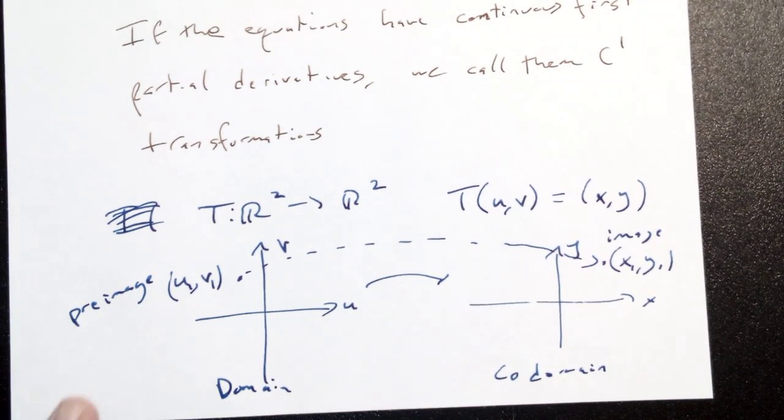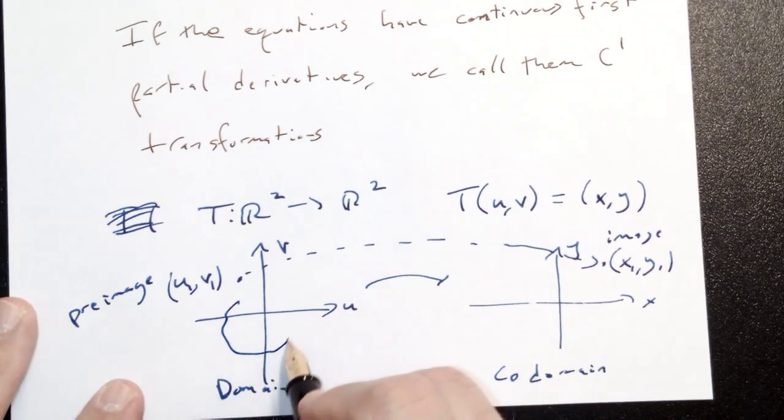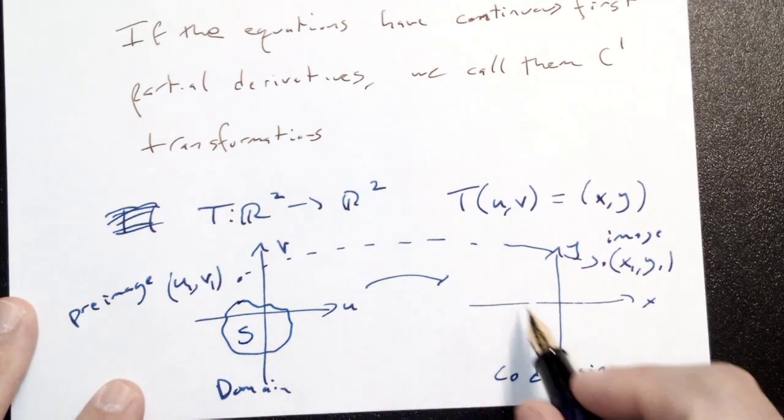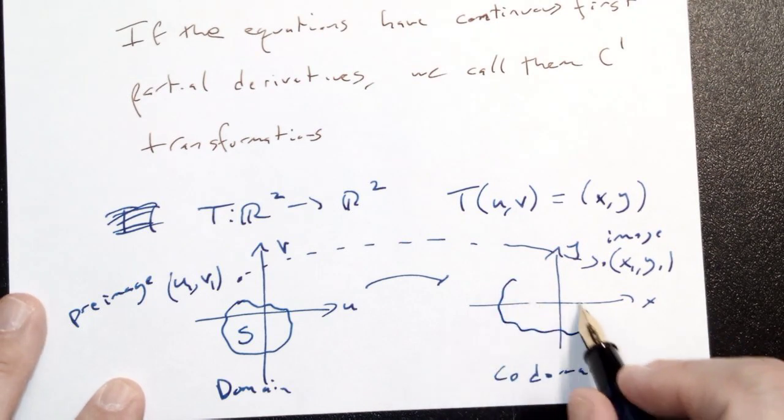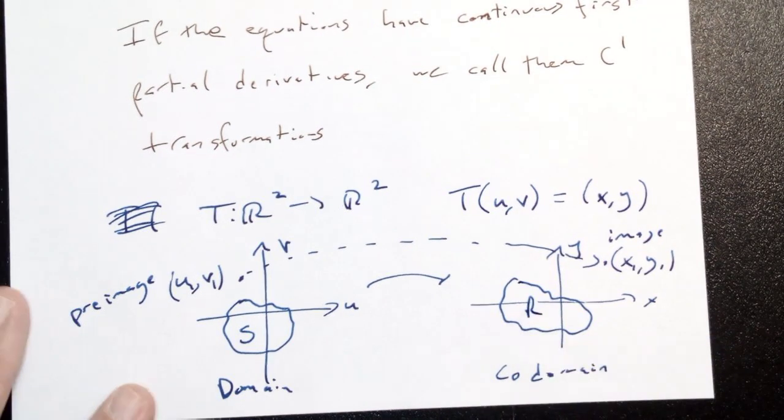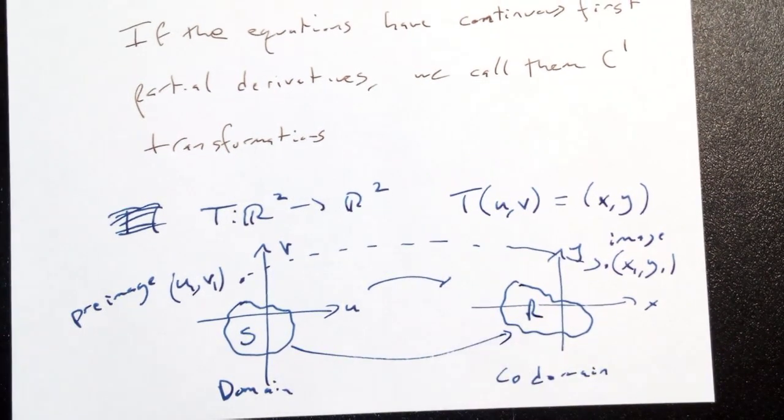So if I had a set S over here, I could get some other set over here. And then R would be the image of S. So far, so good.